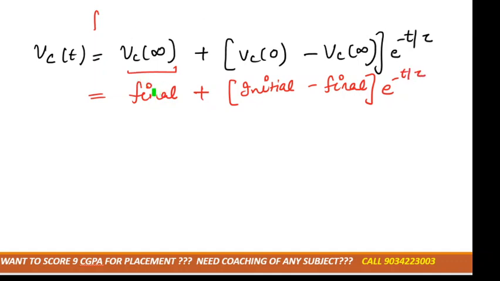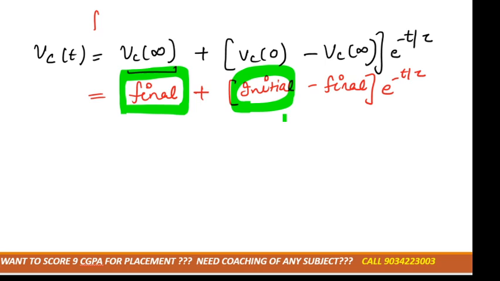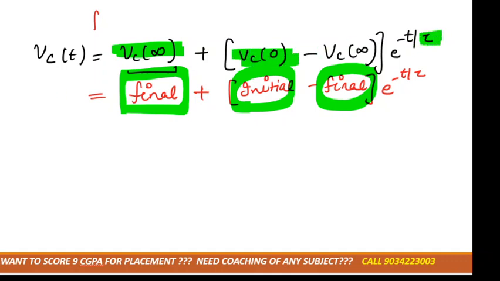You can remember it like this: your final aim is to become an engineer, right? First you think what is your final aim, then you started from the initial condition, the first year, and again you go back to your final aim. Like this you can remember, first final you have to see, then initial minus final. For this we need to calculate the value of Vc infinity, Vc 0 and tau, that is the time constant, right?